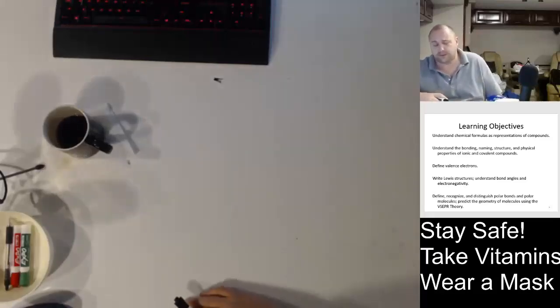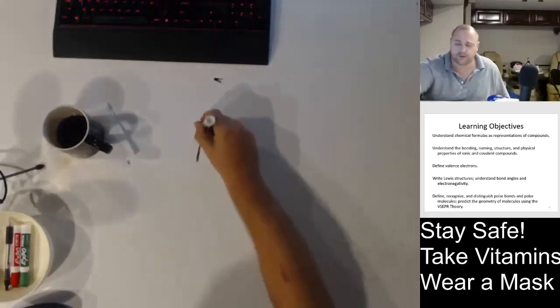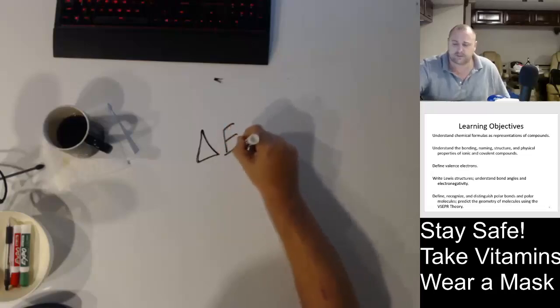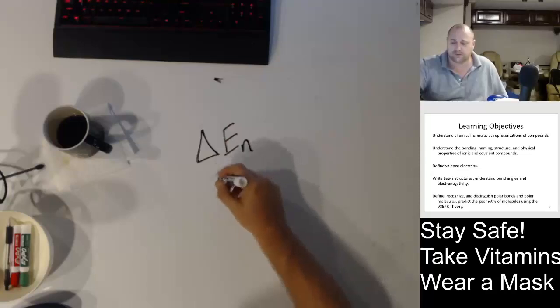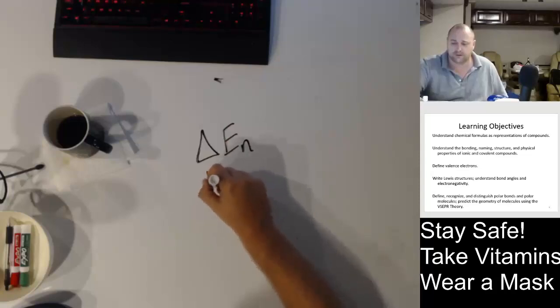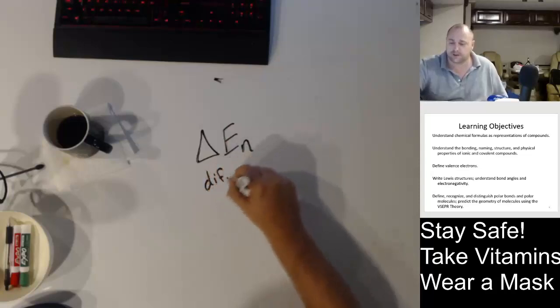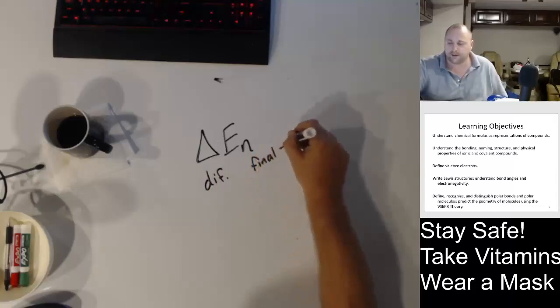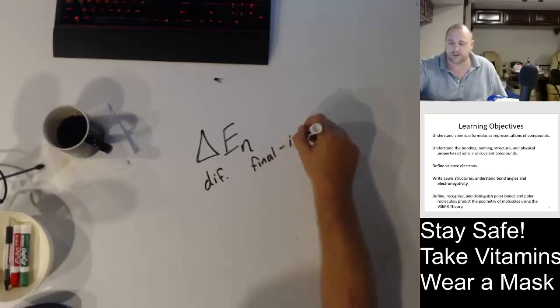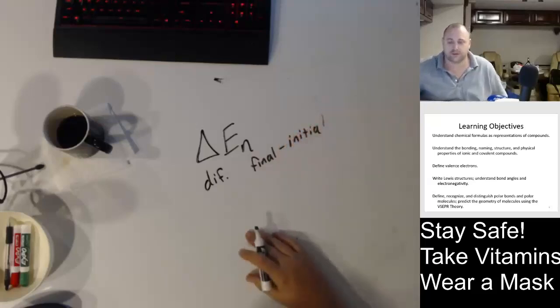You'll see this term, difference in EN. So difference is going to be our difference or change. Usually we think in final minus initial, but we just subtract the two electronegativities.